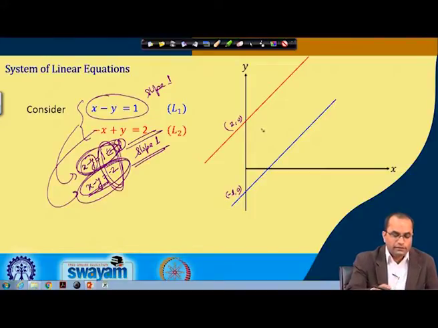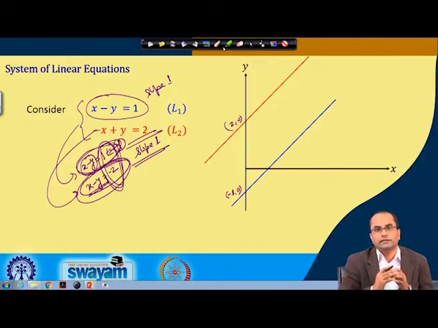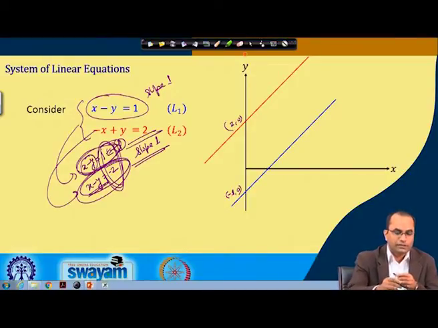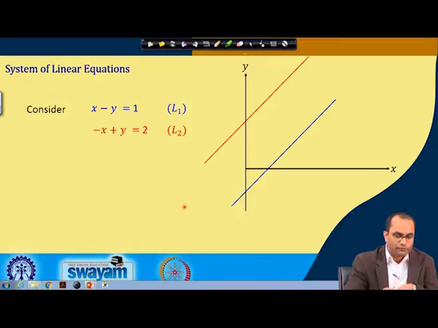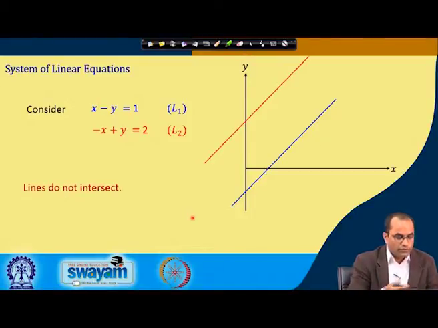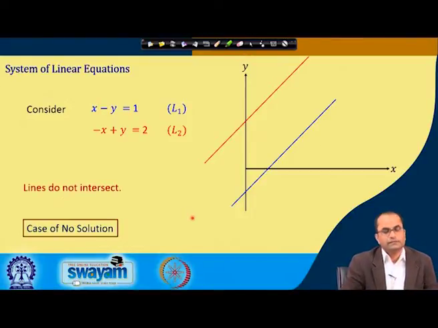The geometrical interpretation also says the same: these two lines do not intersect, and hence we cannot have a solution for this given system of equations. This is the case of no solution.